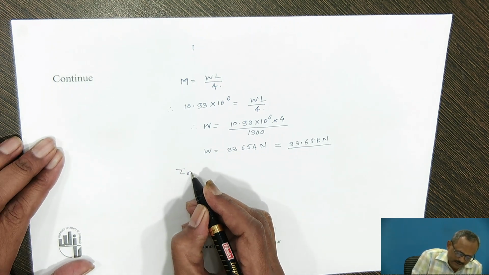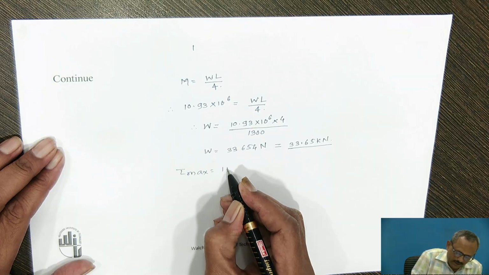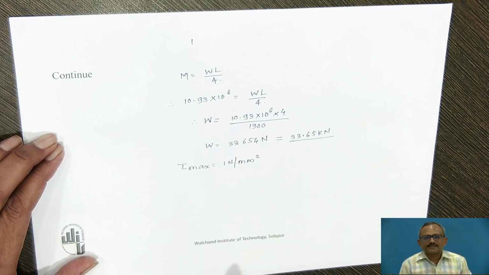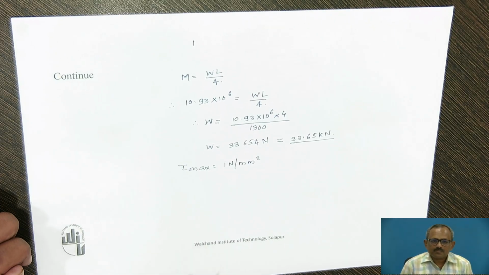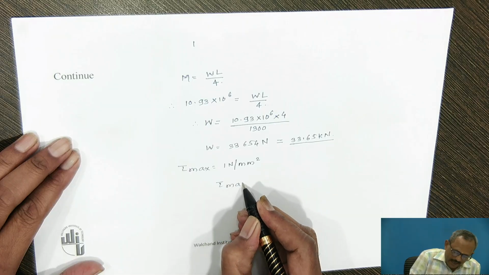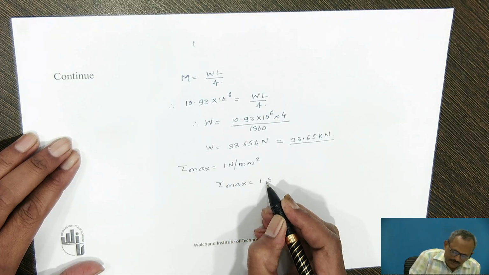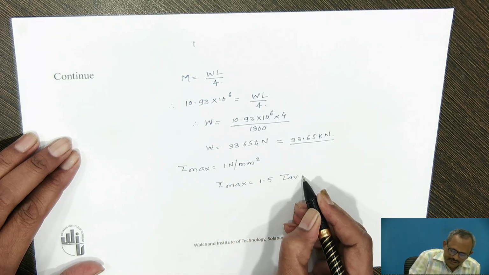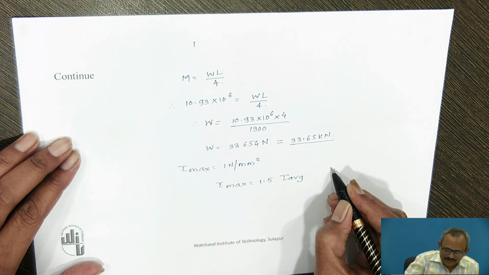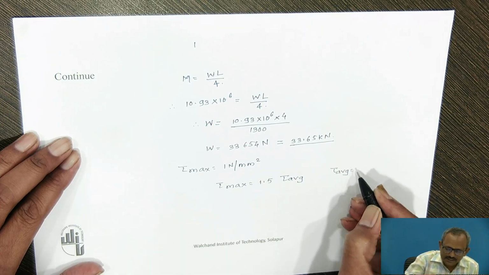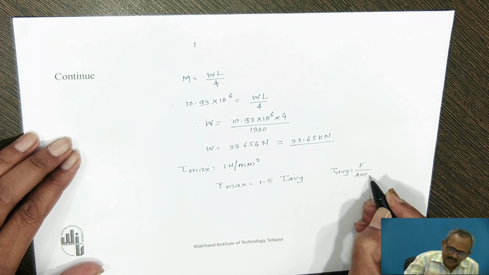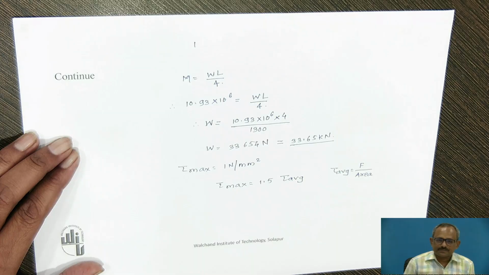Similarly, the maximum shear stress is given to you. The maximum shear stress is 1 Newton per mm square. For a rectangular section, maximum shear stress tau max is given by 1.5 times the average shear stress, and the average shear stress tau average is the maximum shear force divided by the area of the section.